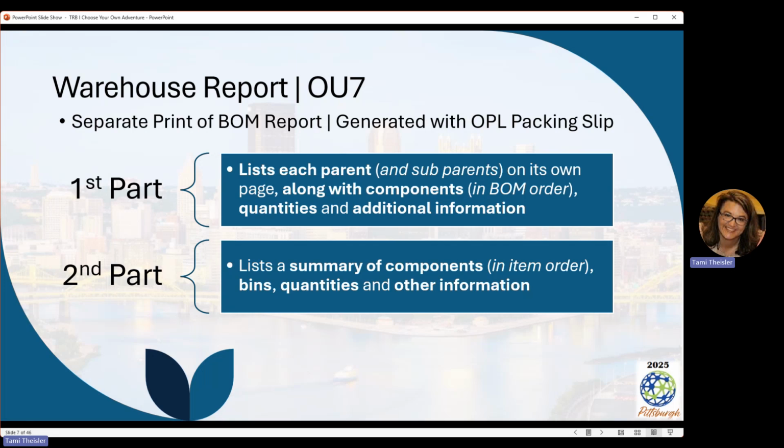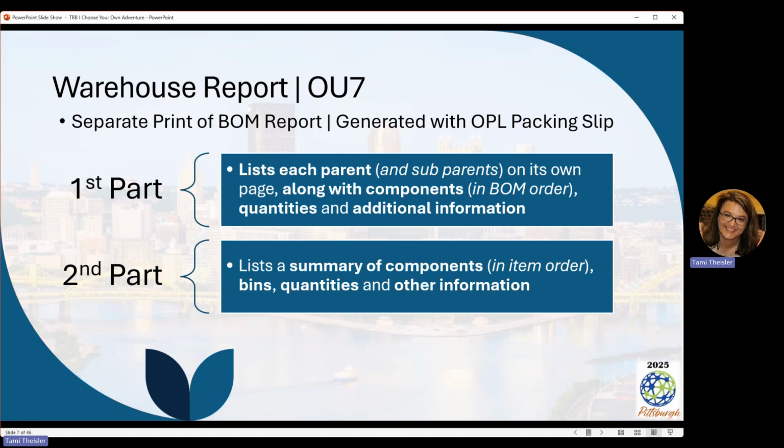The first part lists each parent and subparent on its own page, along with any components in bill of material order, with their quantities and any additional information needed for that bill of material. The second part is a summary of components in item order with the bins, quantities, and other information.